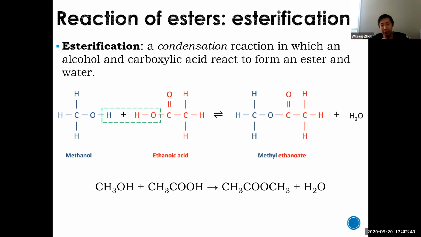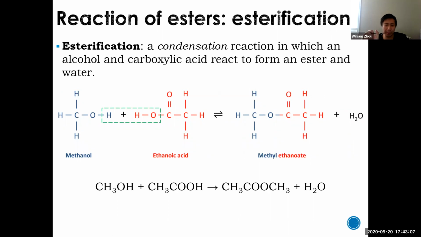Methanol will lose the H from the OH. Ethanoic acid will lose the OH entirely, and they will together make the water, and the oxygen from the alcohol would bond with the carbon with the double bond O on the acid to form an ester, and that will be methyl ethanoate.